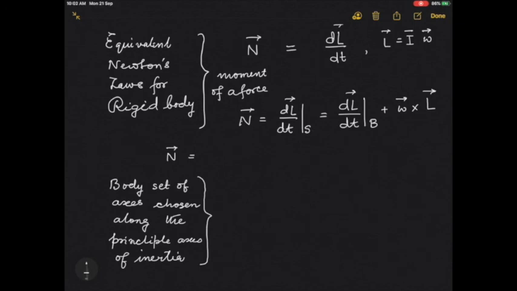So there is a special set of axes, which is the axis along the principal axis of inertia, that I have chosen as my body set of axes. So which means that I does not change.